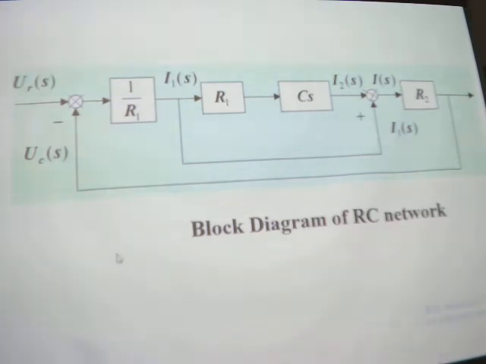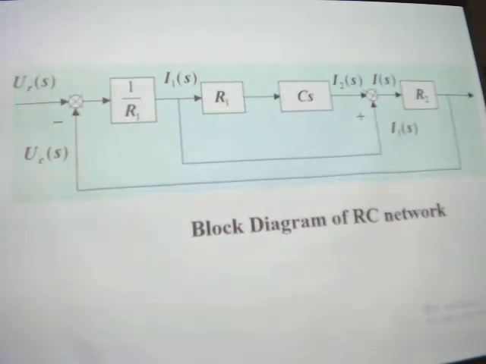Yes, this I2 equal to I1 times R1 times CS. And this I1 equal to what? 1 by R1, it is UR minus UC times 1 by R1.